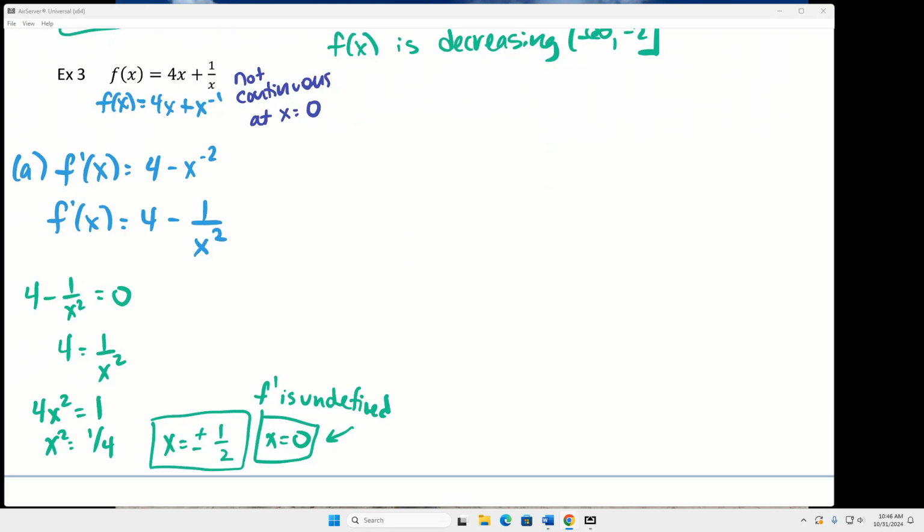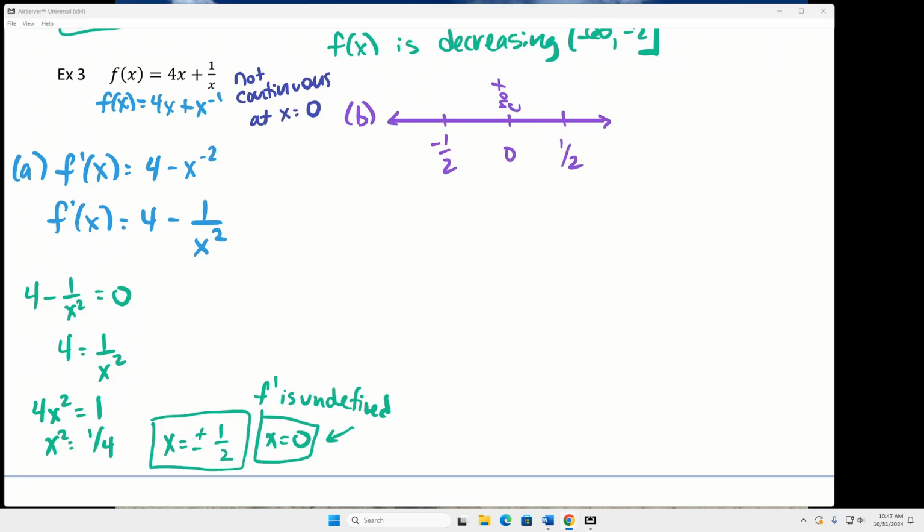Okay, so here we go. Let's do our number line. And if there's a place where the function is not continuous, I always make a note of that.